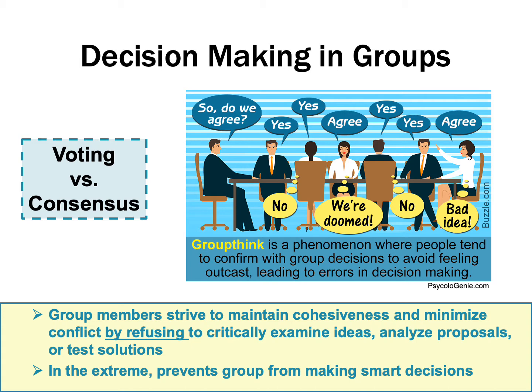That's groupthink. When you are trying to maintain cohesiveness and minimizing conflict and not critically examining the ideas, analyzing the proposals, and testing our solutions, that is groupthink. It doesn't allow for good decisions to be made because we're too cautious of the cohesiveness and avoiding conflict at all costs, so that we are not being thorough in our evaluations, our investigations, and our problem solving.